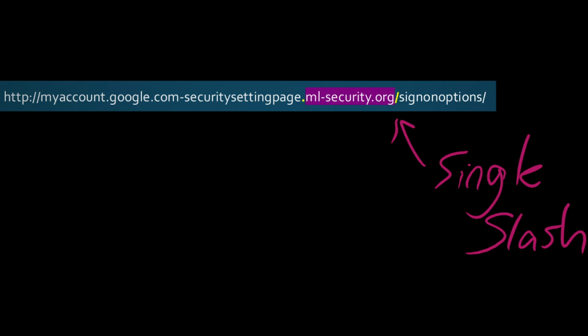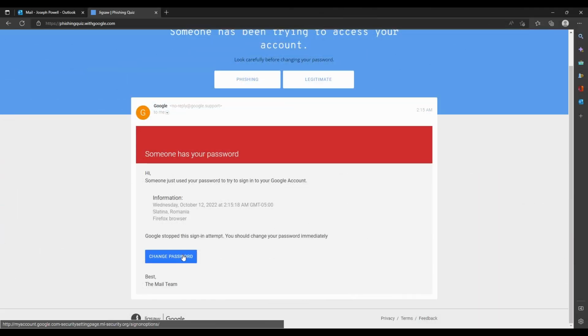So our domain, the actual place where we're being redirected if we click this, is ml-security.org, because that's where that first slash is. So definitely not where you want to go. Another tricky one where you gotta find that first slash, and that'll be where you go.